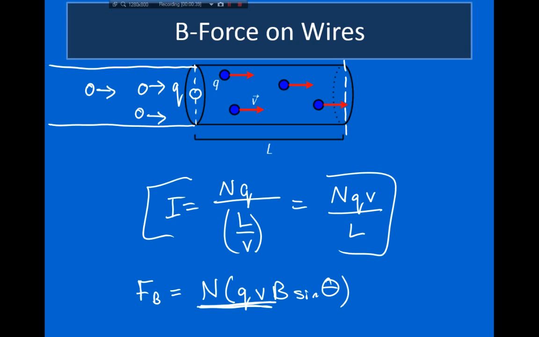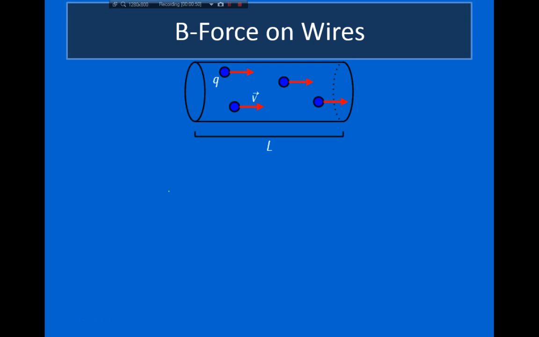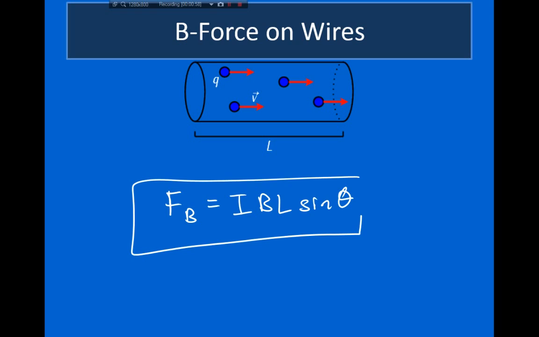So I can write NQV as being equal to I times L. So if I plug that into this formula down here, I can see that the force that is exerted on a wire is just going to be equal to IBL sine theta. And now this angle theta is the angle between the direction of the current and the magnetic field.